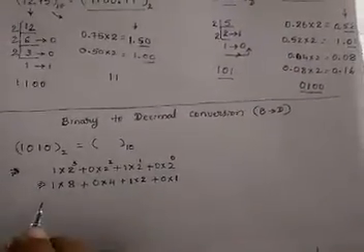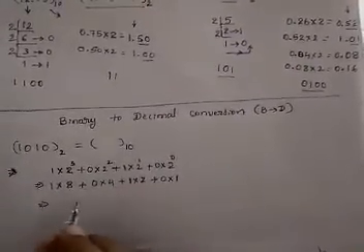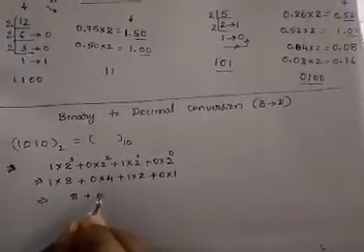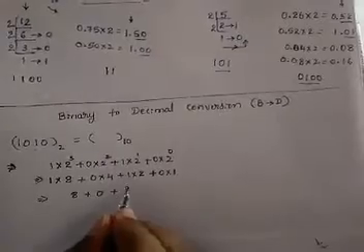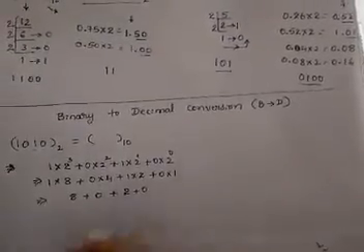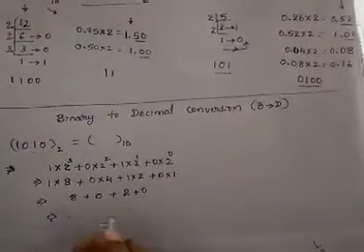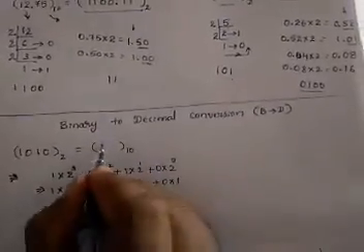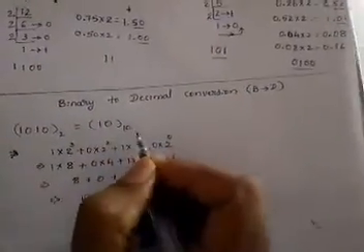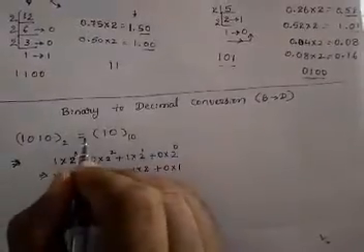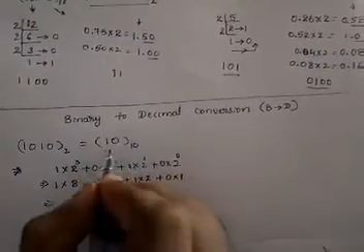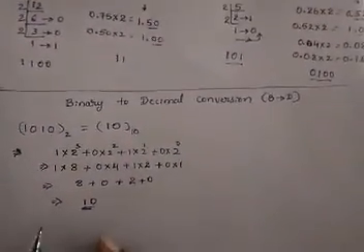Then again just multiplication and addition: 8 ones are 8 plus 0 plus 2 ones are 2 plus 0. I finally get 8 plus 2 is 10. That means 1010 in binary is equivalent to 10 in decimal.